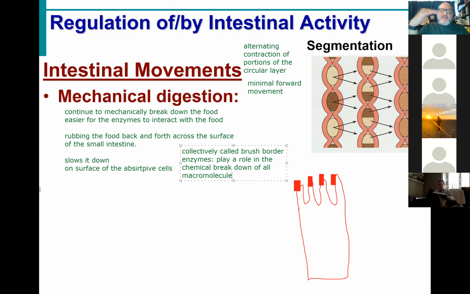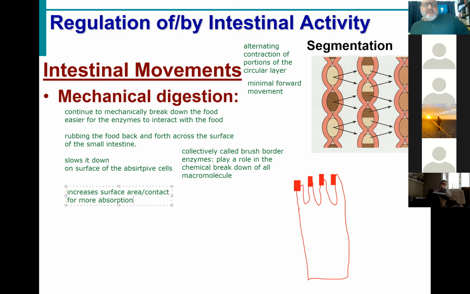Of course, the other advantage of rubbing them back and forth across these microvilli is that it essentially increases the surface area, or you can think of the contact with the cells for more absorption to take place. So we get that absorption from rubbing that food back and forth across the surface.